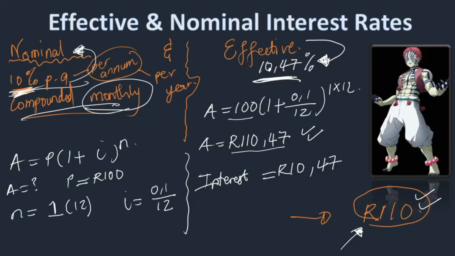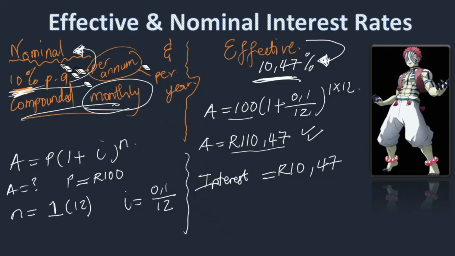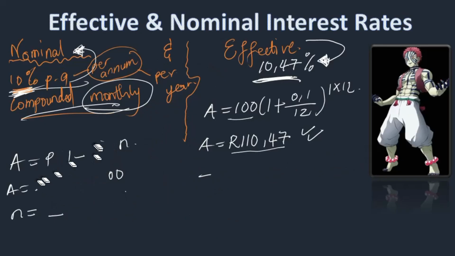Now, several times in this subject, you're going to be asked to convert your interest from the nominal interest rate to the effective interest rate, which is the actual interest that the money will grow by. And for you to do that, there's a formula for it. In fact, let me erase many things here.